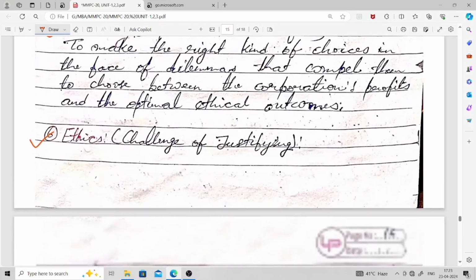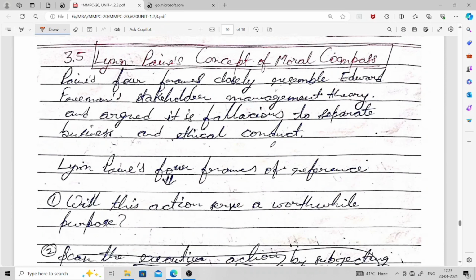Then you have the next one, that is Lynn Payne's concept of moral compass. This one we are going to study.